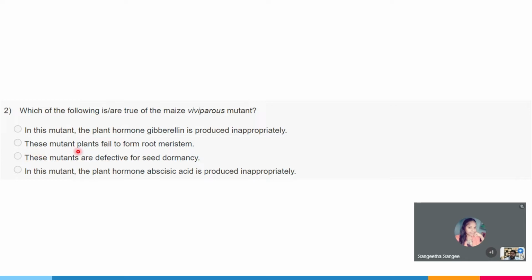The second is these mutant plants fail to form root meristem. Third is these mutants are defective for seed dormancy. And the final one is in this mutant, the plant hormone abscisic acid is produced inappropriately. This is a single correct option type, and I would like you to try and answer this. So, which of the following are true for maize viviparous mutants?